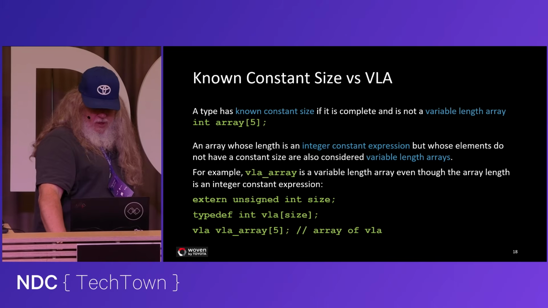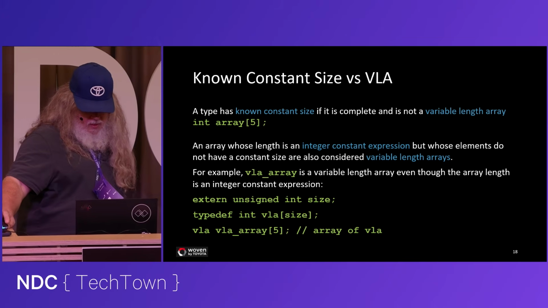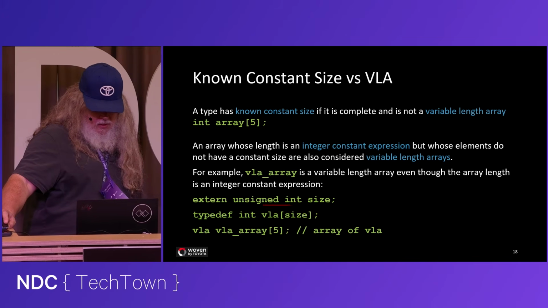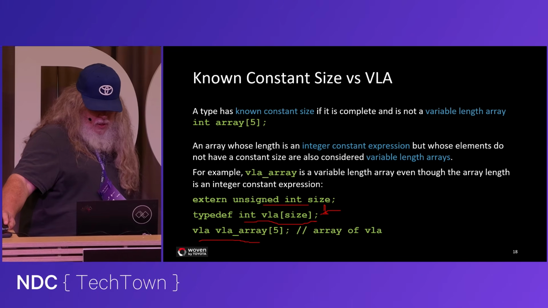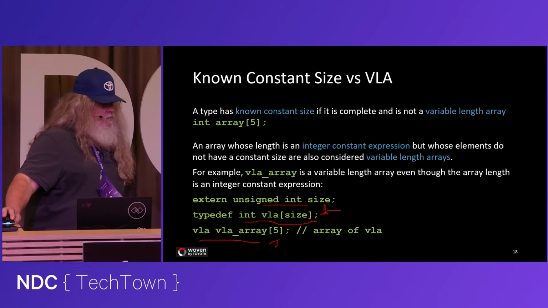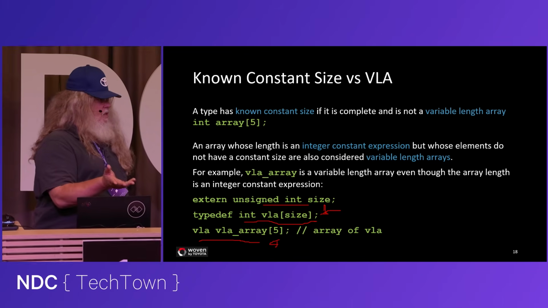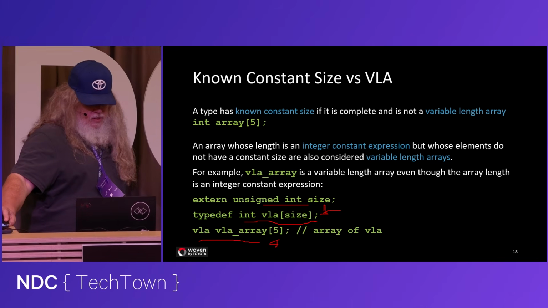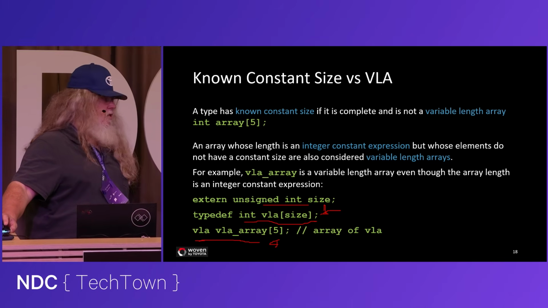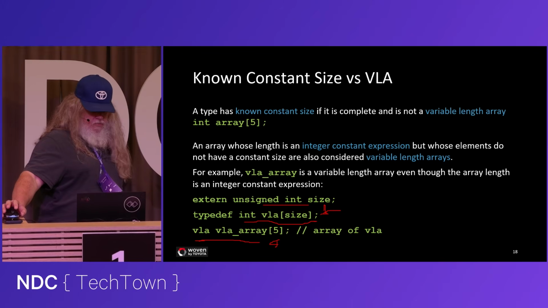So here we've got an unsigned int size, and a typedef to say we want to declare a VLA of this size. So this is going to give us a VLA, but now we're going to have an array with a constant integer size of 5, right? So this is a constant length array, but it's an array of variable length types, in this case, a variable length array.